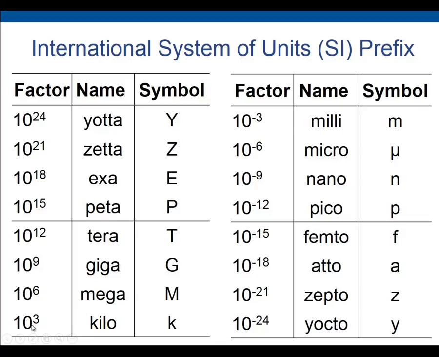Kilo is 10 to the 3rd power. How about mega? Mega is 10 to the 6th power. Negative is also the same. It's a multiple of 3. So remember, in engineering notation, the superscript number is a multiple of 3.